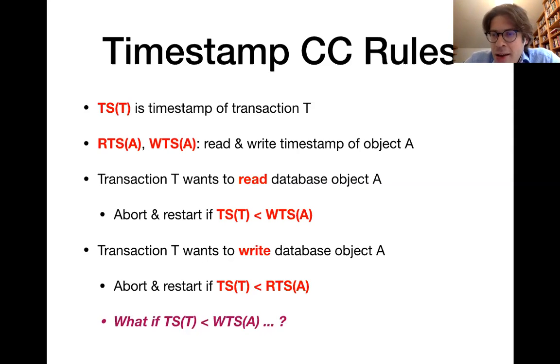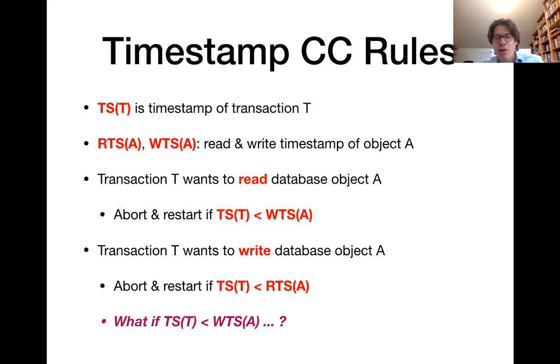All right. So one interesting case that we might also think about is what about multiple writes on the same object? For instance, we could think about aborting and restarting a transaction if the transaction timestamp is smaller than the current write timestamp of that object.